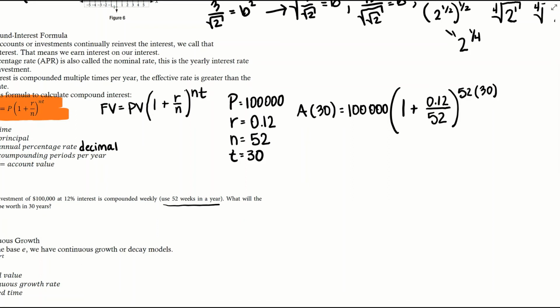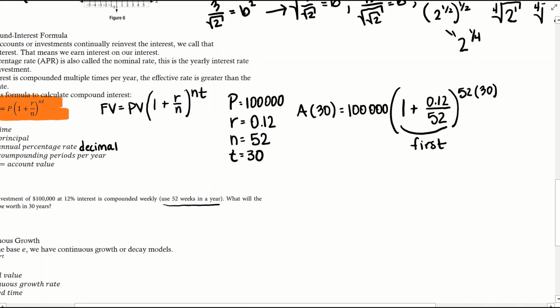0.12. I recommend doing inside the parentheses first, divided by 52, plus 1. And do not round. Do not round anything. Just keep doing it all in your calculator and do not round anything until the end. So this is first.